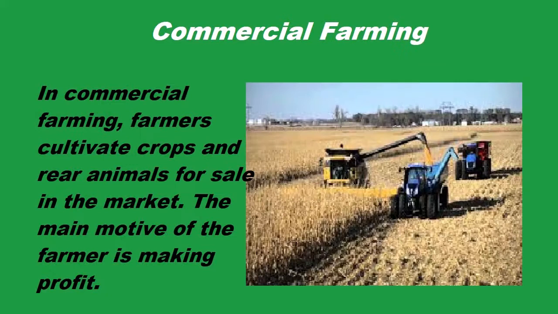oilseeds are grown. Next, in commercial farming, farmers cultivate crops and rear animals for sale in the market. The main motive of the farmer is making profit. The farms are generally large and investments are high.